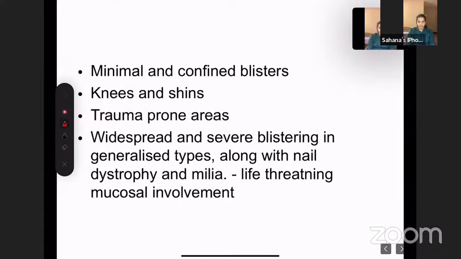In neonates, at birth, however, the blisters are mainly seen in the upper extremities. In slightly older children, you can see them on the knees and shins as well. So this was the localized type. In the generalized type, there is widespread and severe blistering, along with nail dystrophy and milia.